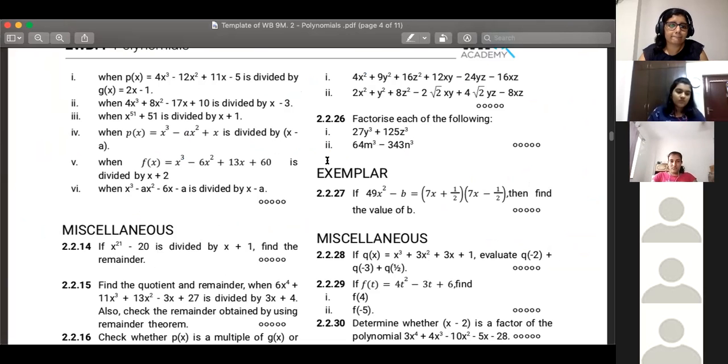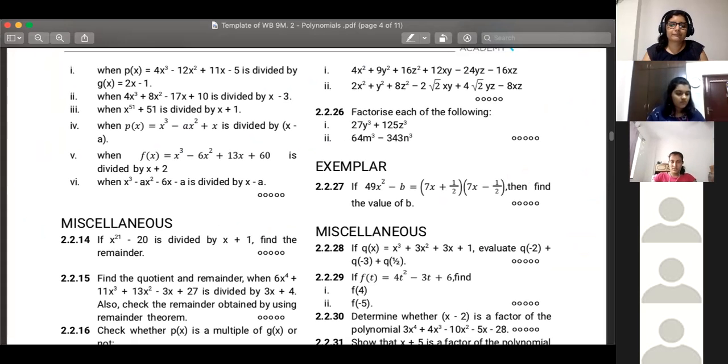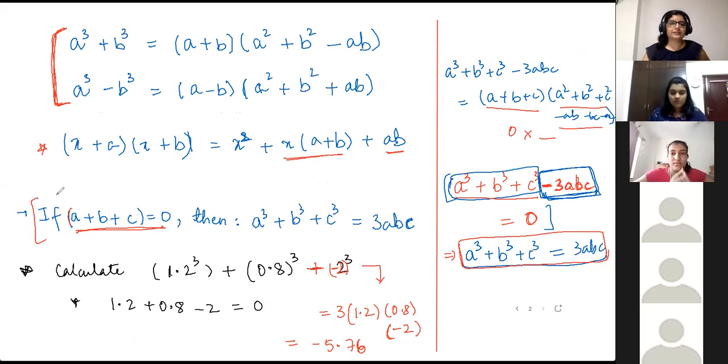Ma'am, what do we write here? It's so much to write. What exactly do we write? Write down whatever is written here, this whole part, whatever is written in blue color. If you want, Swayam, you said it helped you understand better, right? So you can make a note of this example also.